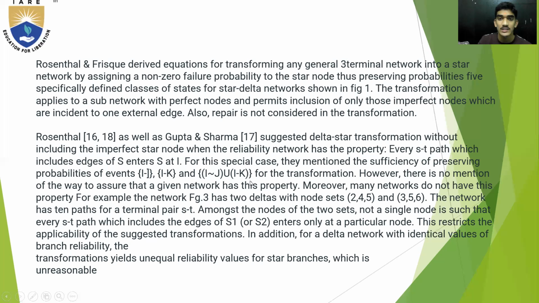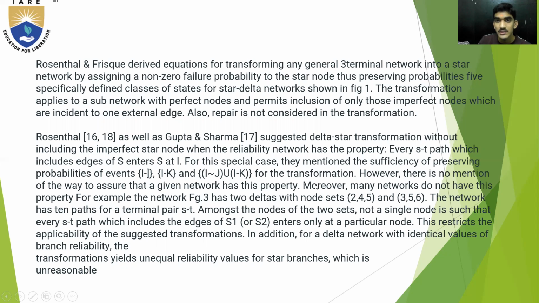For this special case, they mentioned the efficiency of preserving probabilities of events i-j-k and i similar to j belongs to i-j-k for the transformations. However, there is no mention of the way to assure that a given network has this property.